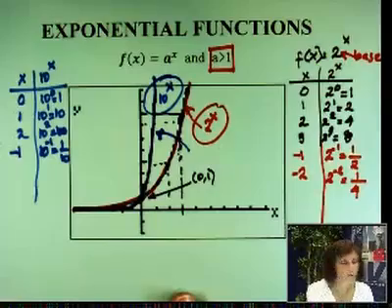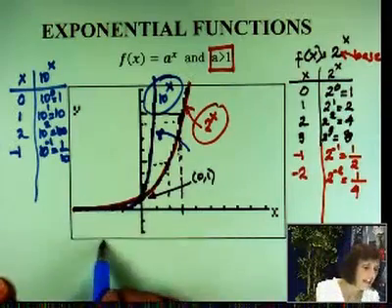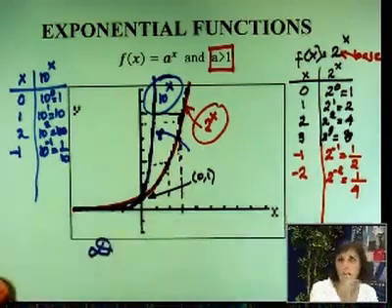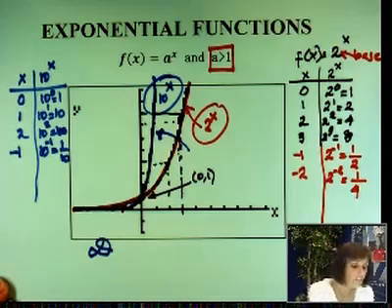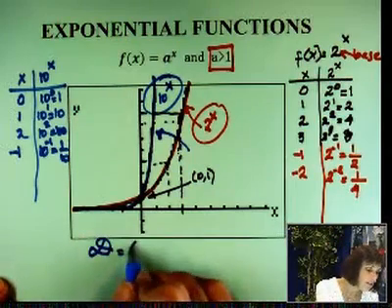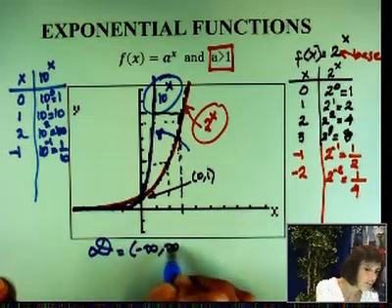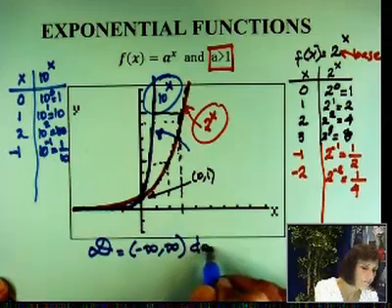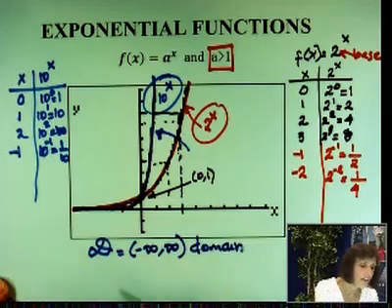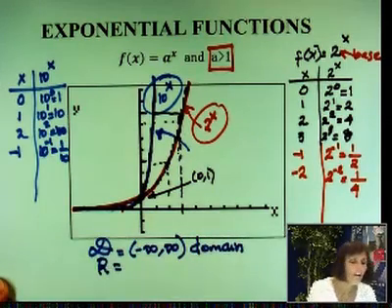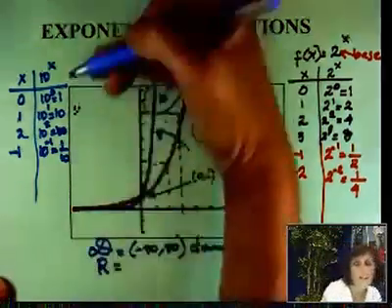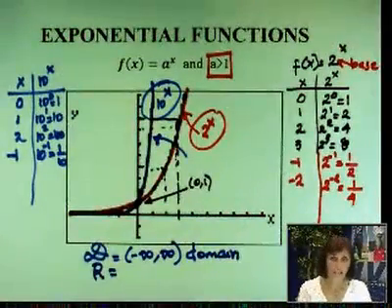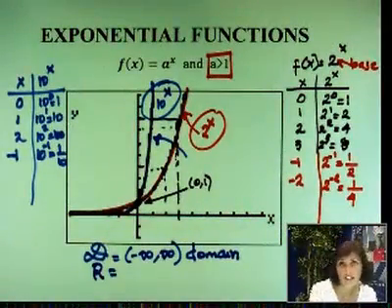Also, let's look at the domain and range. Domain is the x values. Can I put in anything I want in there? Yes, you can. So the x values go from -infinity to infinity. That's my domain. But what happens to the range? Those are the y values. This thing always stays above the x-axis and never hits 0.